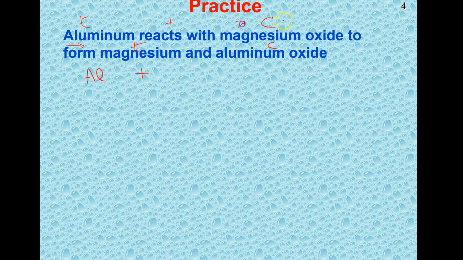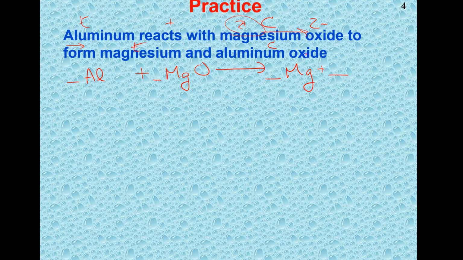That's where I'm going to drop and swap my charges. So when I drop and swap, I get Mg2O2, but it reduces to 1 to 1. It makes it easier to balance. If you want, you can put little lines in front to help you balance. To form means arrow. Magnesium as an element is just Mg. That 2 plus charge only counts when it's part of a compound.